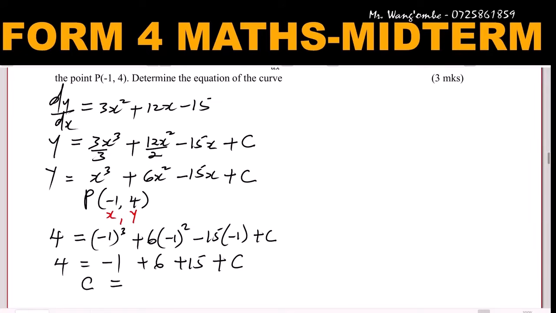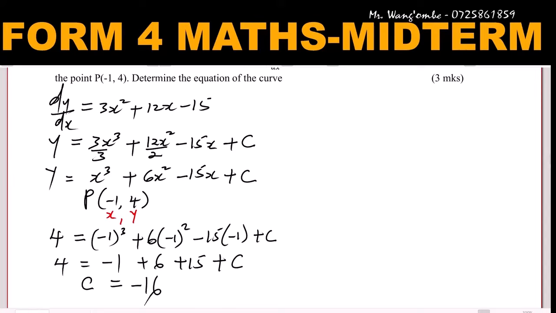So c will therefore be given by, so this is 21, subtract 1, that is 20. 4 minus 20, that will be negative 16.